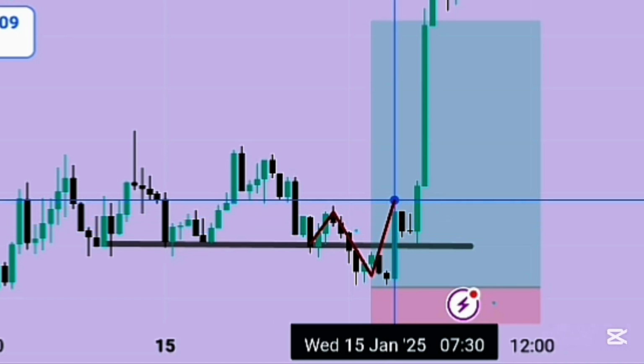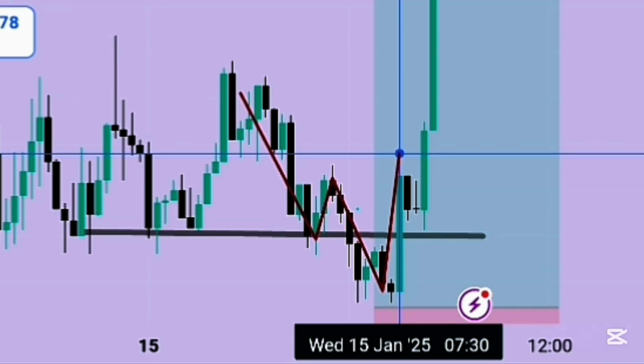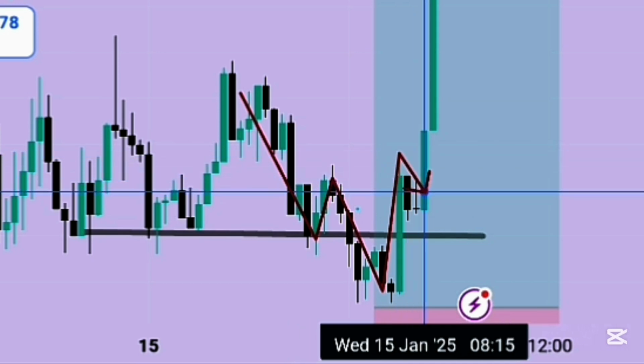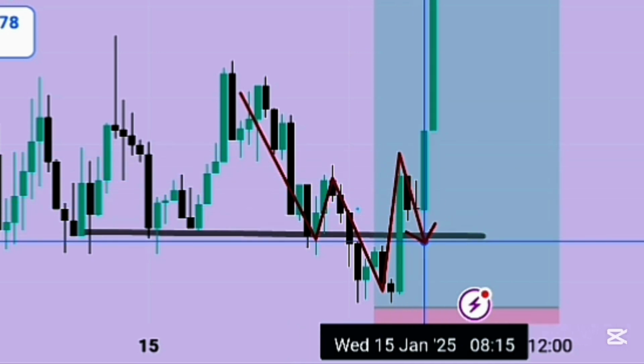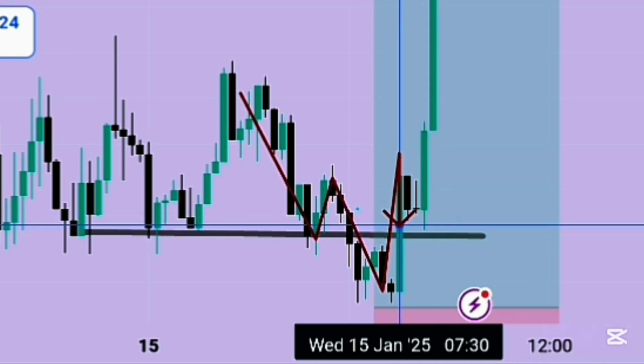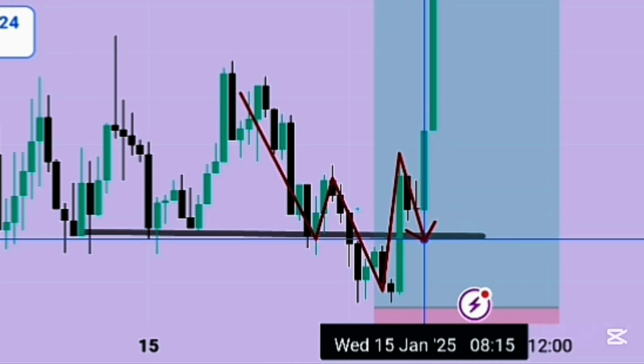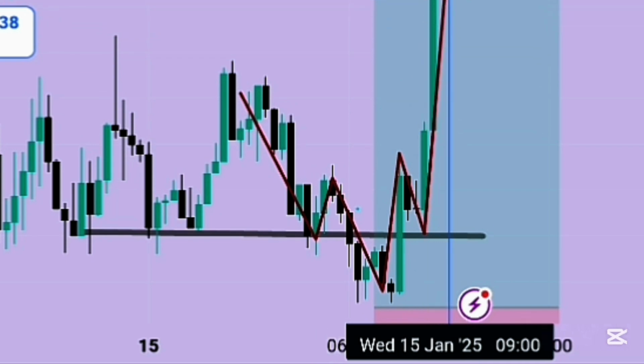Okay, that's still considered our market structure shift because it actually took this liquidity out. Okay, then we have a retracement back to our entry point, which is this particular point. Okay, then we have a displacement upward.